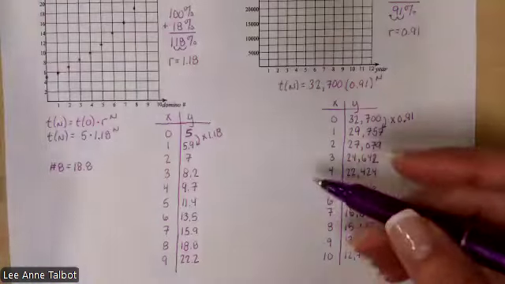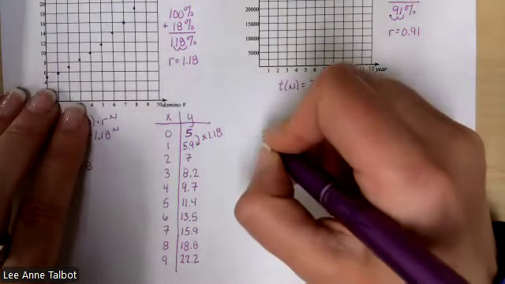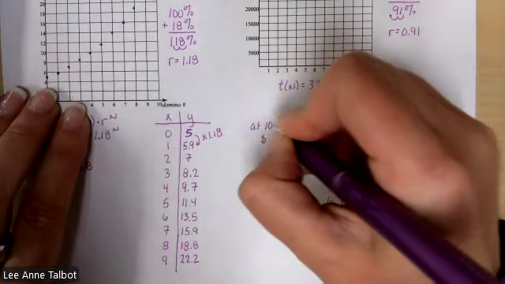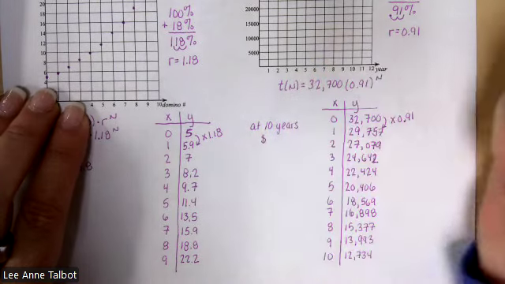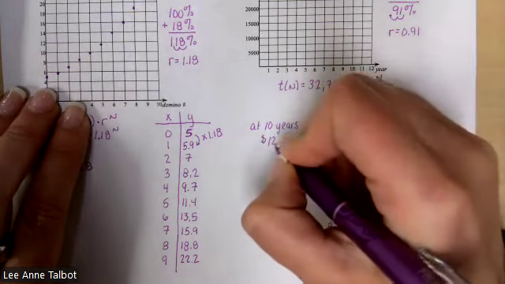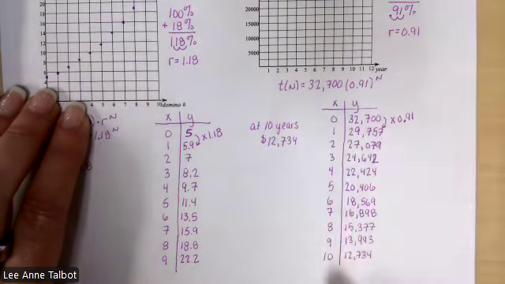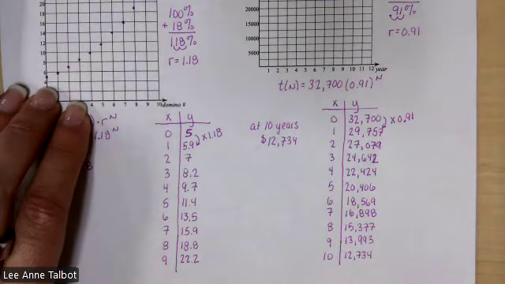And then we have to say at 10 years, it will be $12,734 or whatever you got in your table at 10.